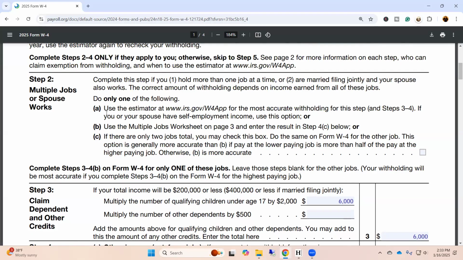We see the information here in 2A, where you can go to irs.gov/W4app. If you are looking at this electronically on the PDF, you can click this and it will take you straight to it. But for us, we're going to go to the worksheet that's provided on the W4 and figure out the amount of additional withholding that Daniel should have.